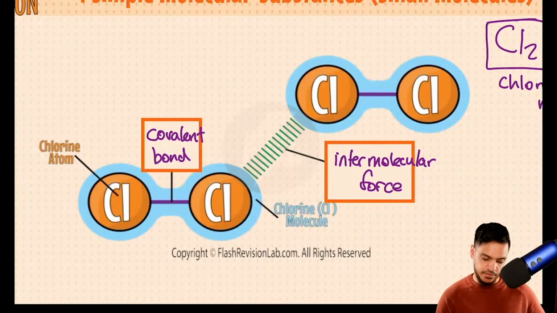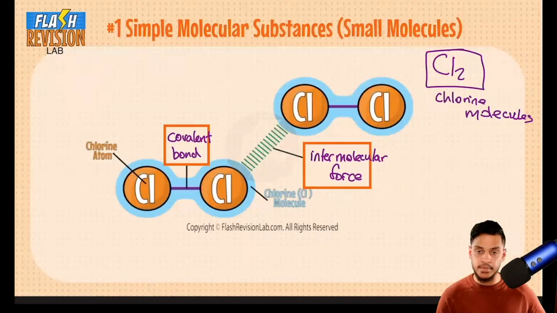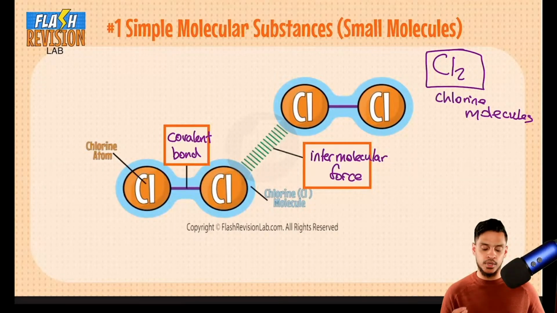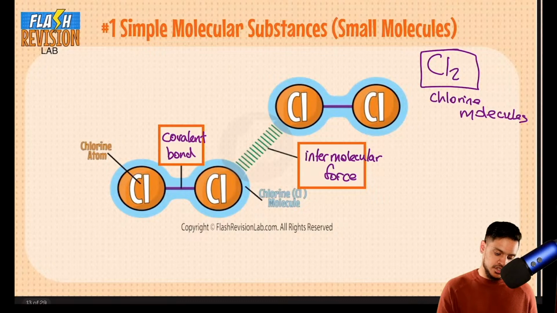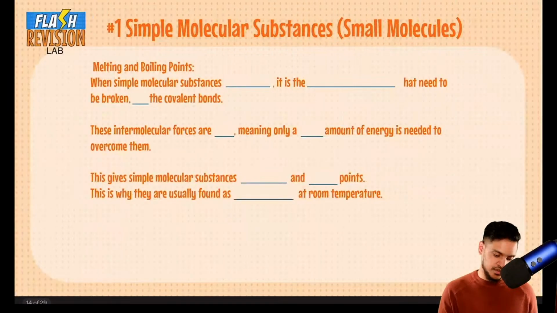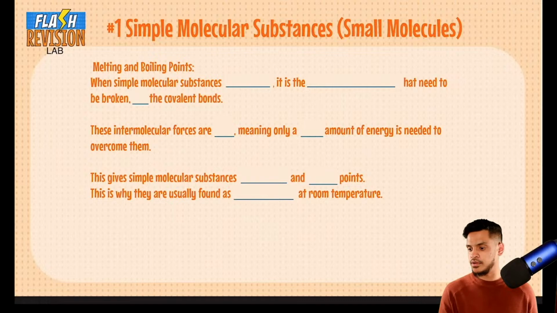So remember that. Covalent bond is between atoms. Intermolecular is between molecules. Why is this important? Because they can ask you about melting and boiling points of these substances. So this is where people get confused.